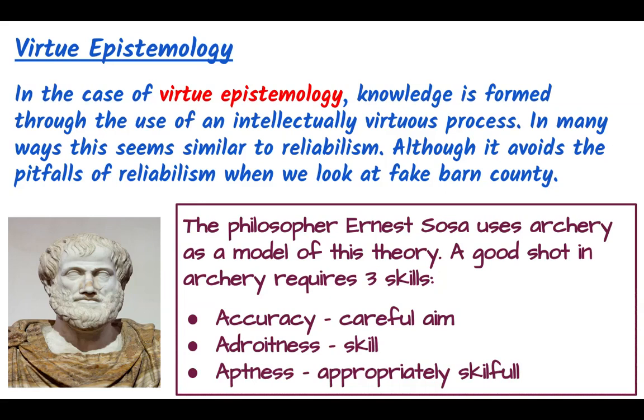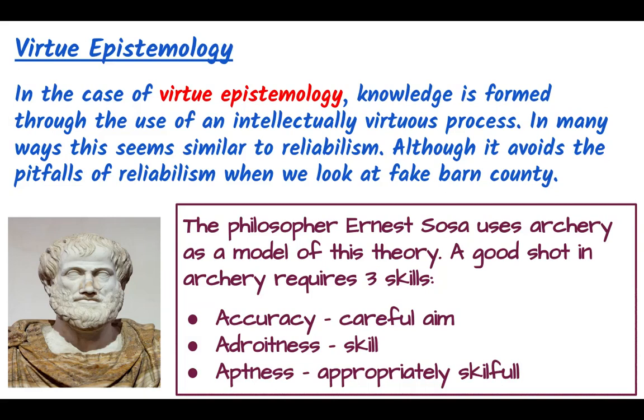Well, one example is given by the philosopher Ernest Sosa, who uses archery as a model of the theory. He says that in archery, a good shot requires three skills. It requires accuracy, so you have to have careful aim. You have to use adroitness, so skill, and then aptness is an appropriately skillful shot.